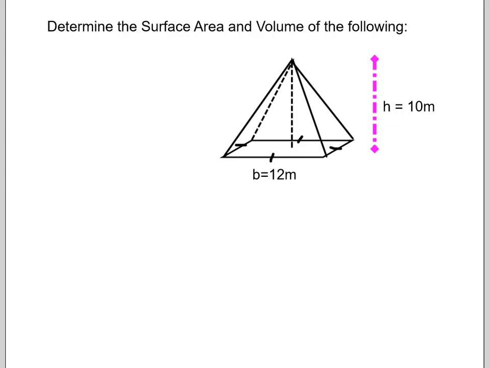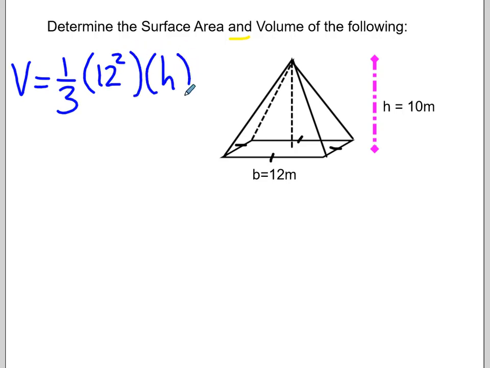Determine the surface area and volume of the following. So I have a square-based pyramid, not a prism, a pyramid. And I want to find both surface area and volume. Let's do volume first because that's going to be the quicker of the two. So this is 1/3 the base area times the height.